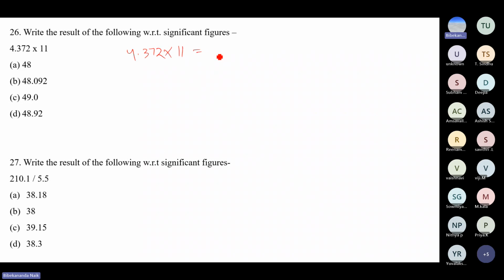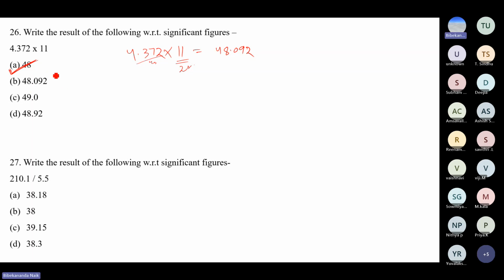The actual multiplication is 48.092. But since 11 has no digits after the decimal, it is a non-decimal number, both 1 and 1 are significant. So our result should contain only two significant figures, because here it has 4 significant figures, but here it has 2 significant figures. Our result contains the least. So the result is rounded to only 2 significant figures, and the correct answer will be 48.